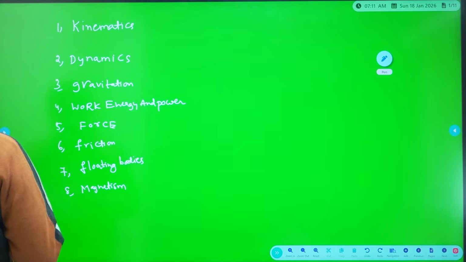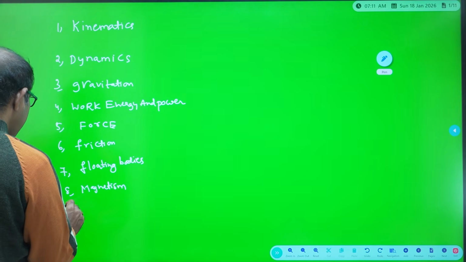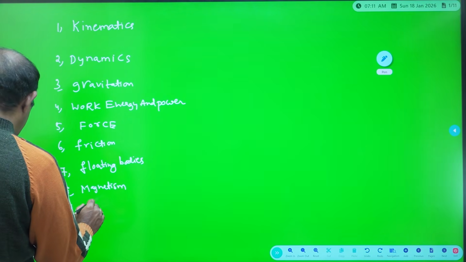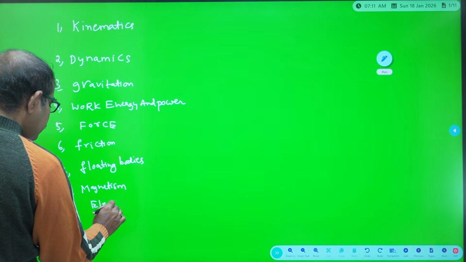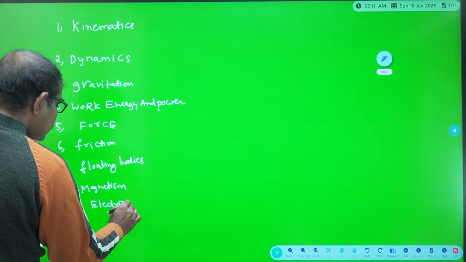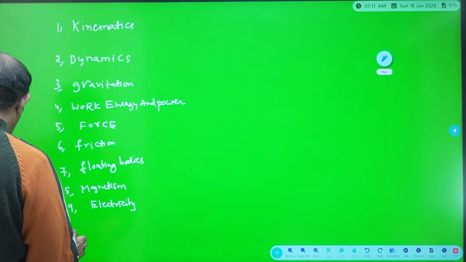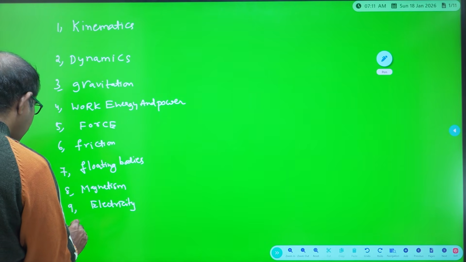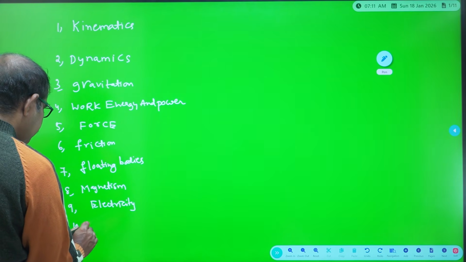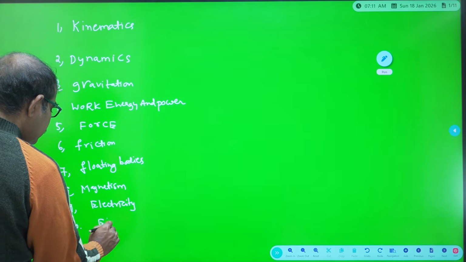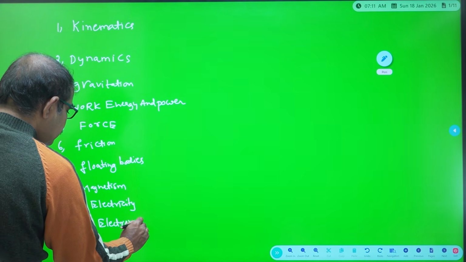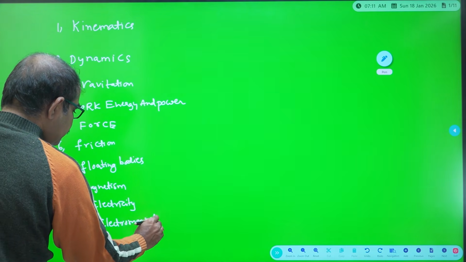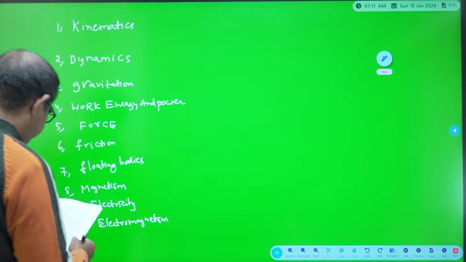The ninth one is electricity. The tenth one is electromagnetism.